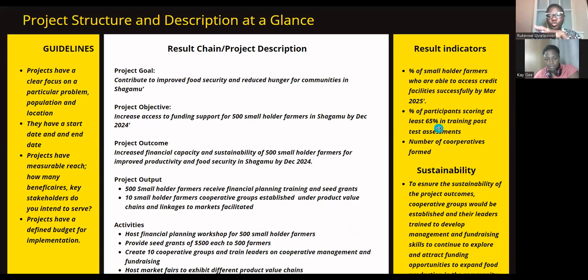I only put two as example because I didn't want to overbloat the screen. The means of verification? We wanted to remove that because in most cases now you don't even see it. So we want to simplify the log frame.